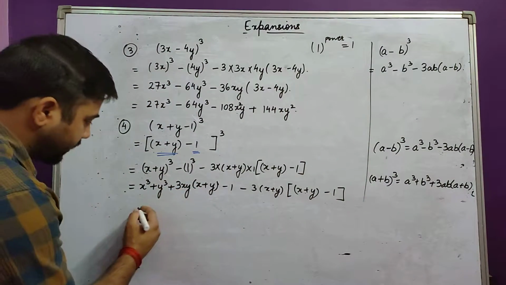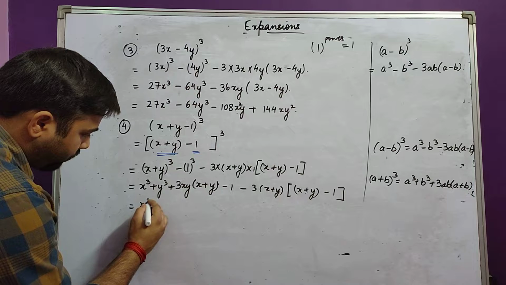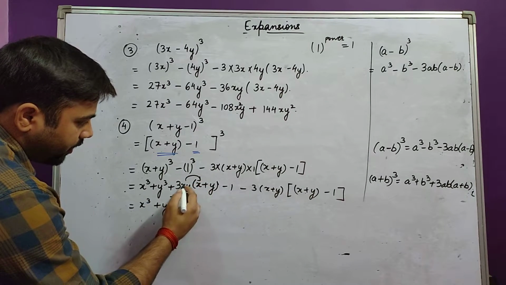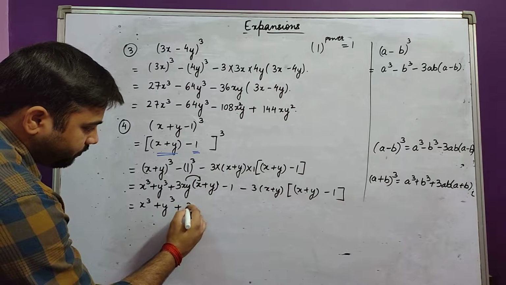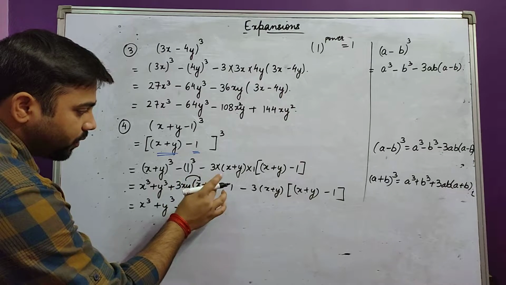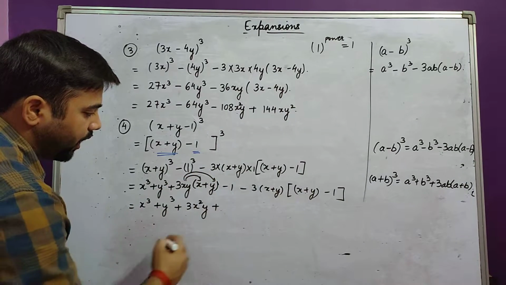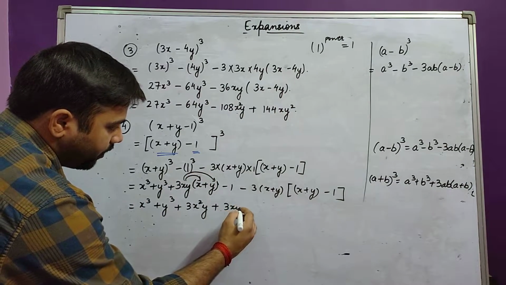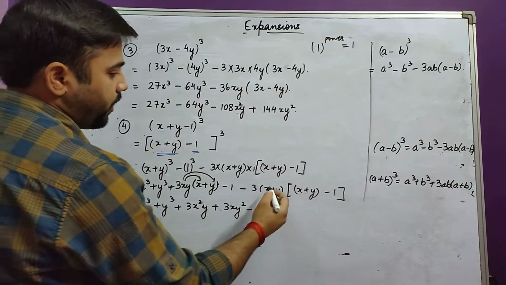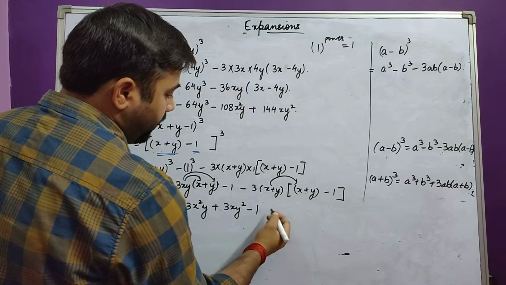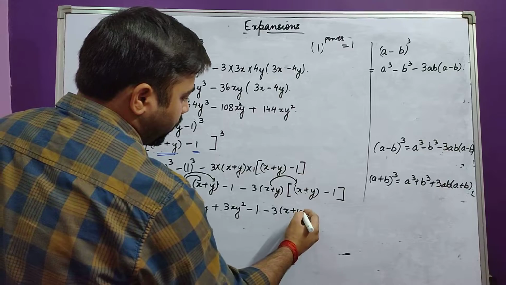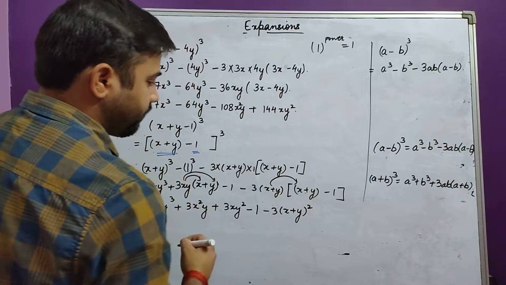Now we have to open this bracket. It's x cube plus y cube plus 3x square plus 3x y square minus 1. Now we are going to multiply this by this. What will it be there? Minus 3 within the bracket (x plus y) whole square.